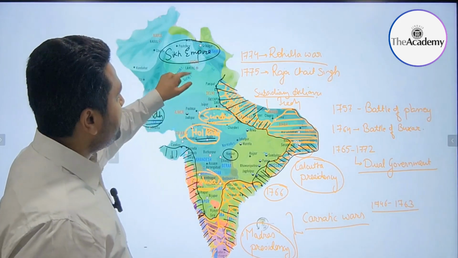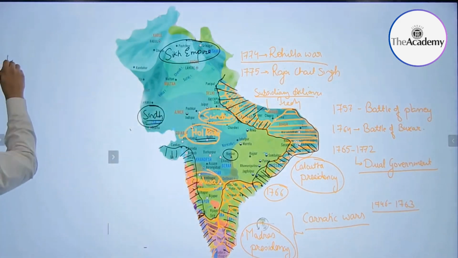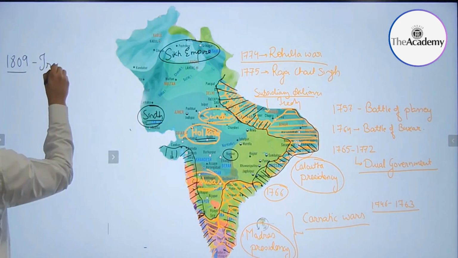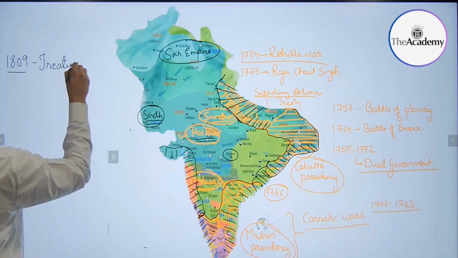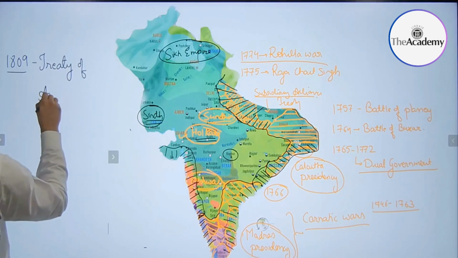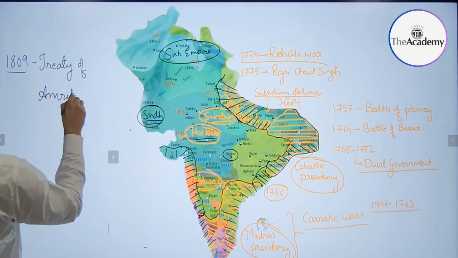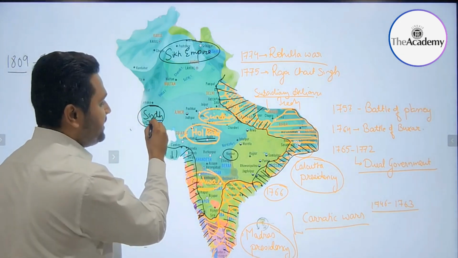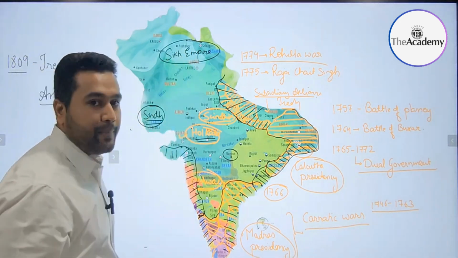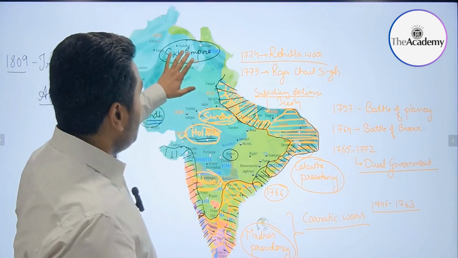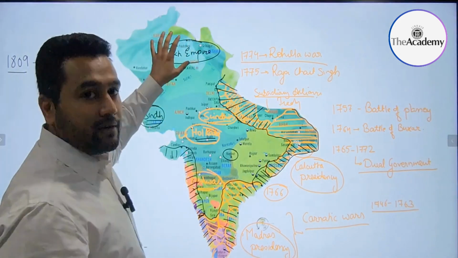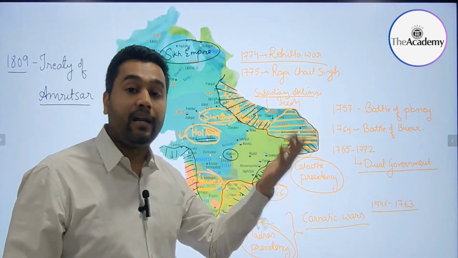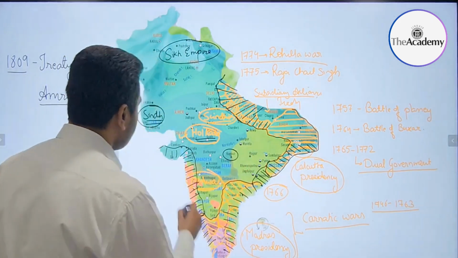The English signed the 1809 Treaty of Amritsar. So Treaty of Amritsar in 1809 was to be a friendship treaty with Sindh as well as the Sikh Empire. As per this treaty, the Sikh Empire and Sindh were to remain as friendly allies to the British.